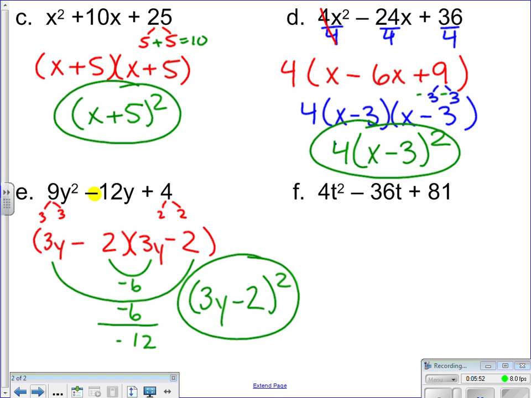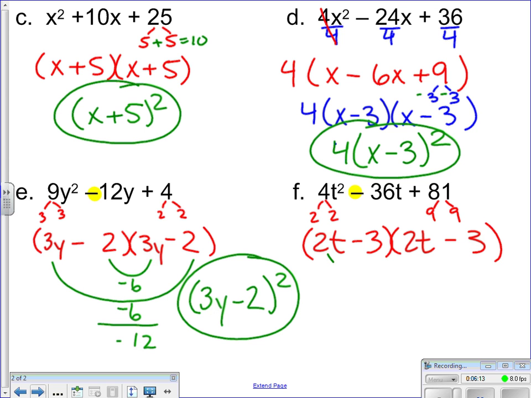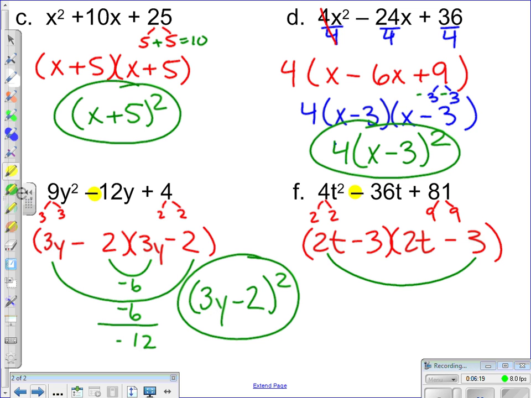And the last one, 2 times 2, 9 times 9. So 2t, 2t. 9, 9. Middle's negative, make two negatives. Double check that you get 36 by doing 2 times 3. Oh, that's not 3, I'm sorry. Those were 9s. I was square rooting it twice.